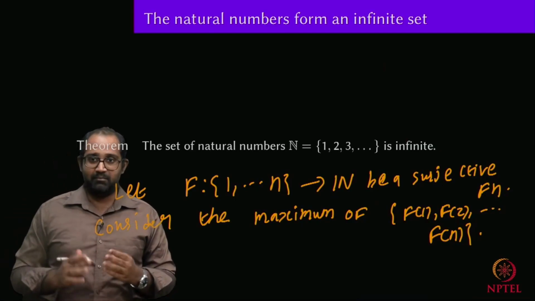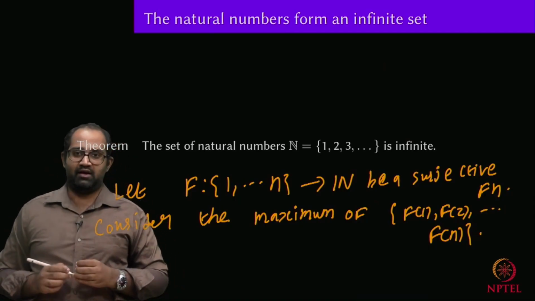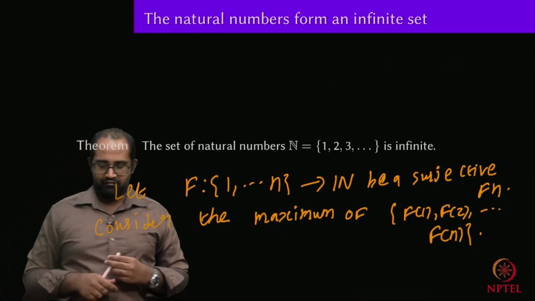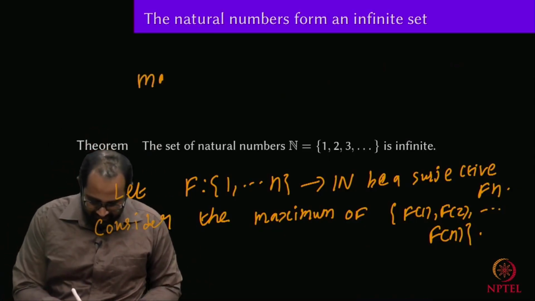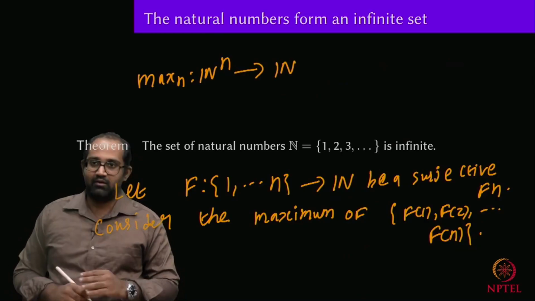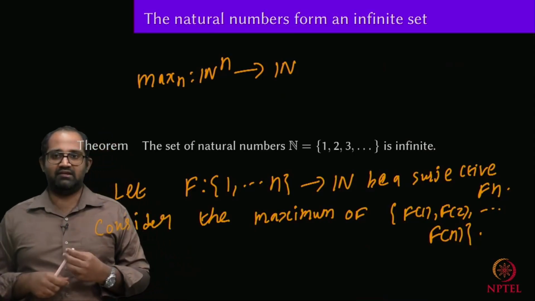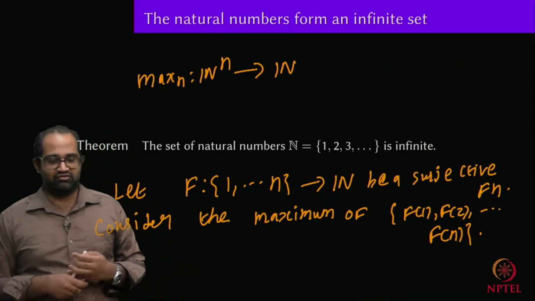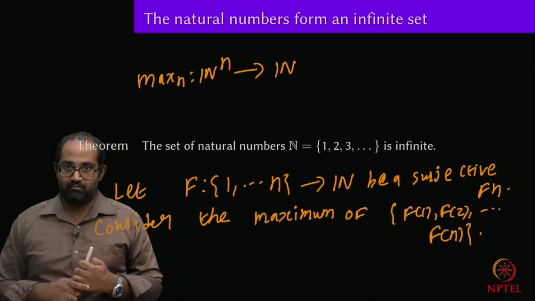If you want to be 100% precise, what you have to do is you have to use recursion or some other form of definition to show that there is a function max n that takes as input n natural numbers and outputs a natural number. Okay, what it eats is n natural numbers, and as output it gives you the largest natural number of those n natural numbers.